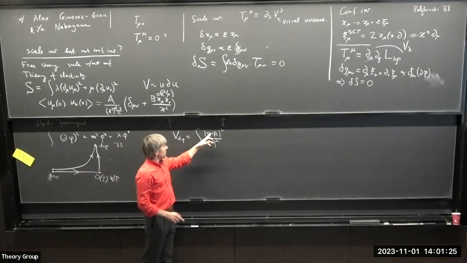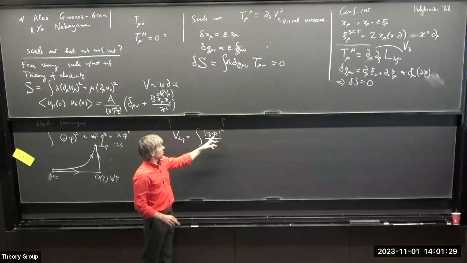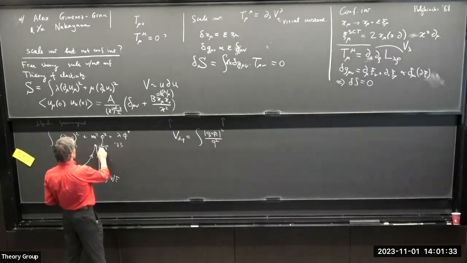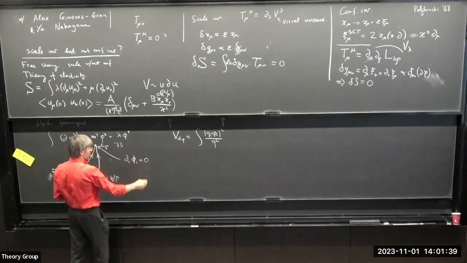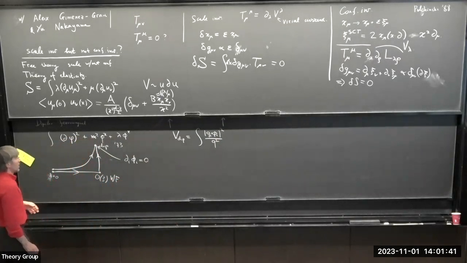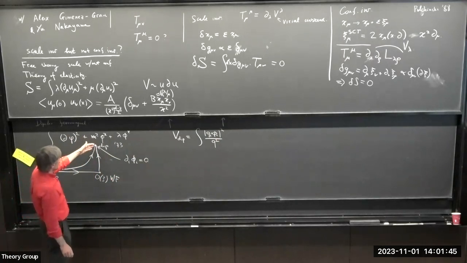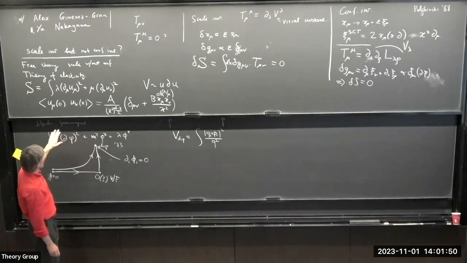And because it's relevant, and because here in the numerator you see the divergence of phi_i, it means that at the dipolar fixed point, you have a constraint that the divergence of the order parameter is equal to 0.